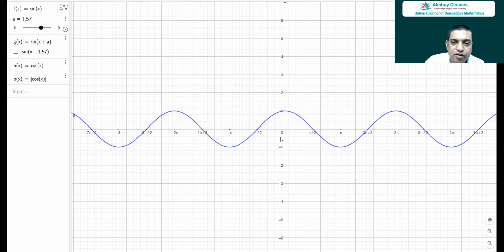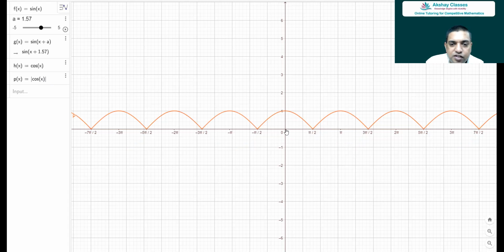So if cos x is positive, it will remain positive. But if cos x is negative, it will convert those values to positive. It will multiply it with -1. So what happens? We get this. This negative portion has been transformed to the positive axis. So this is the value of modulus of cos x.